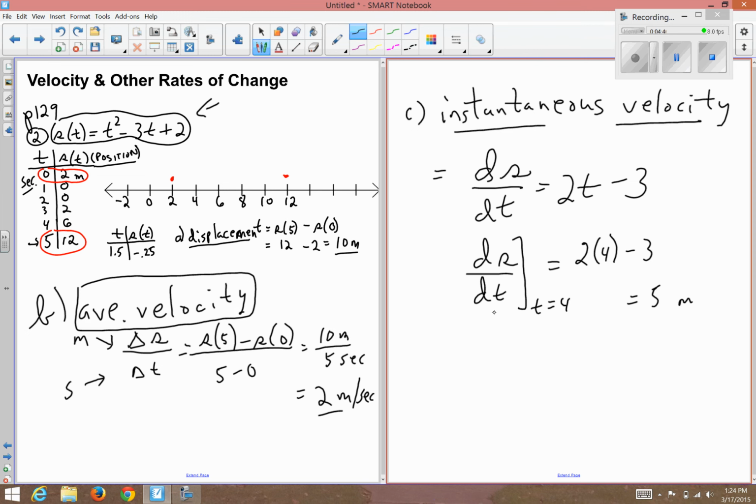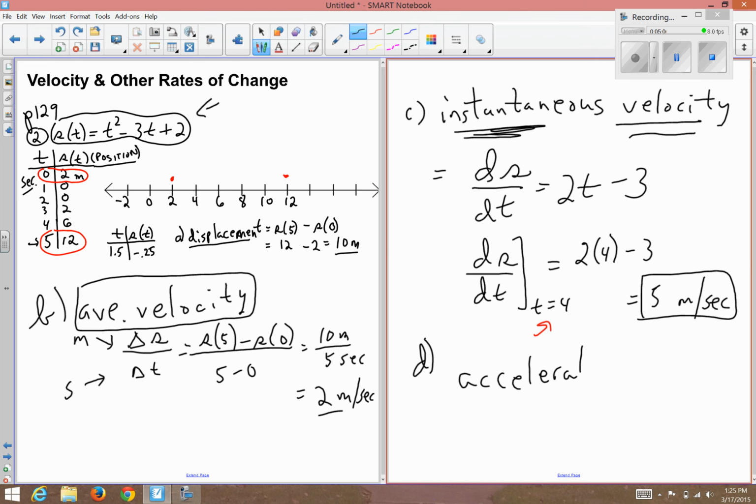Down here, t is the denominator, time, seconds. 5 meters per second, that's instantaneous velocity. At this instant, t equals 4 seconds.